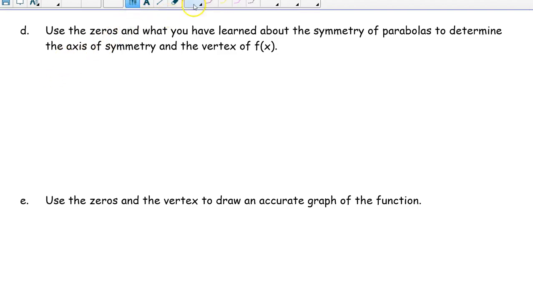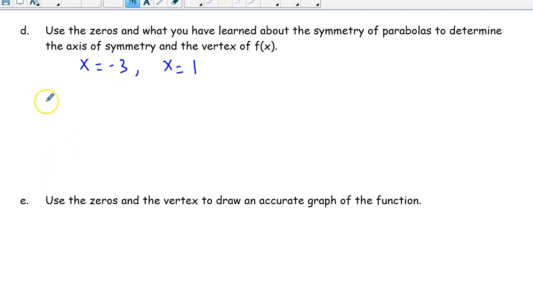That x was negative 3 and the other value of x is positive 1. So to find the axis of symmetry, I have to add these two zeros of that function and divide by 2. That is, you are finding the midpoint on the x-axis. Alright, I'll show it to you in the graph in a minute.